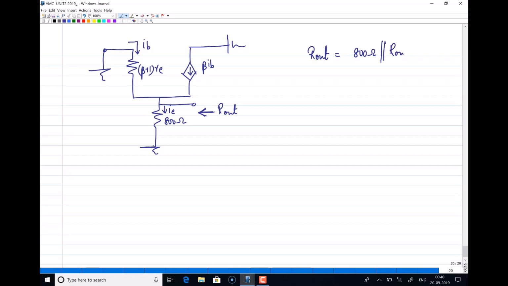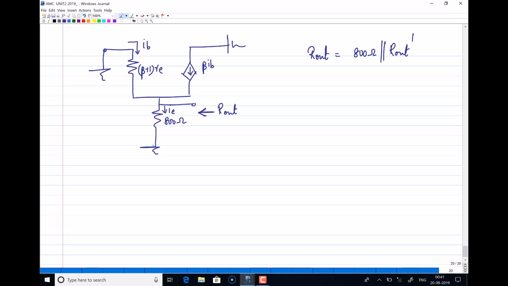I'll mark it as Rout dash. Since the 800 ohm is connected in parallel to the resistance seen from this side, I'll keep the 800 ohms aside, connect a test voltage here, find the resistance, and finally it will be connected in parallel to the 800 ohm resistance.